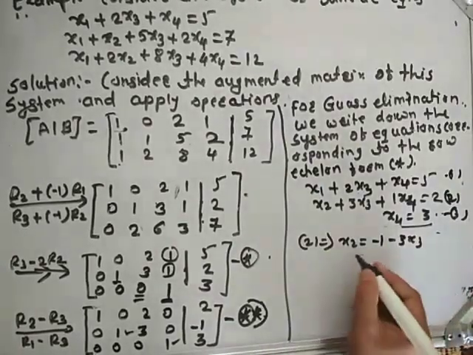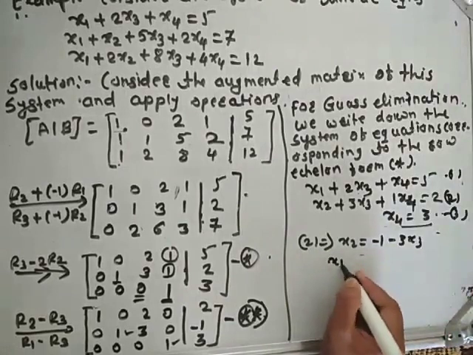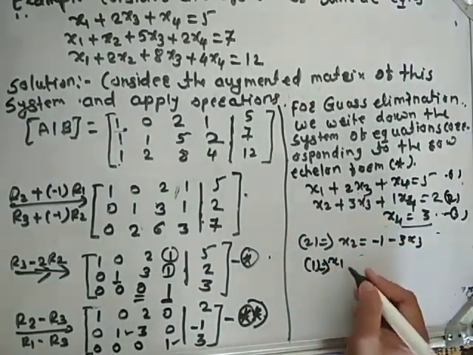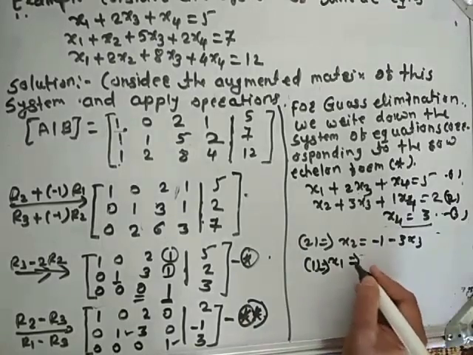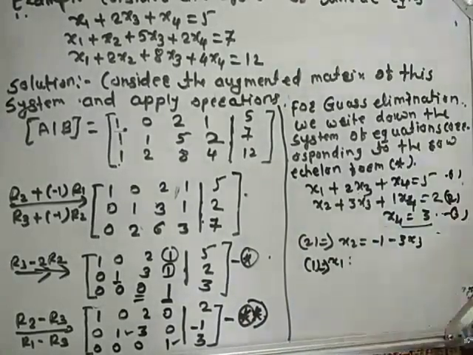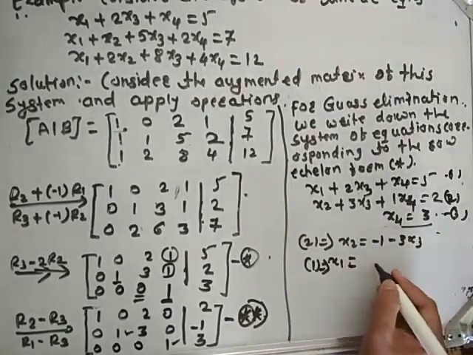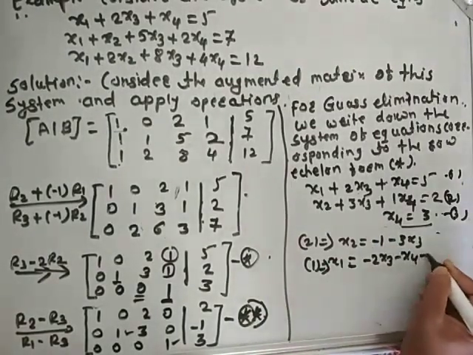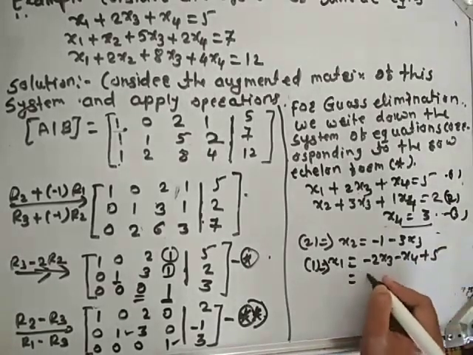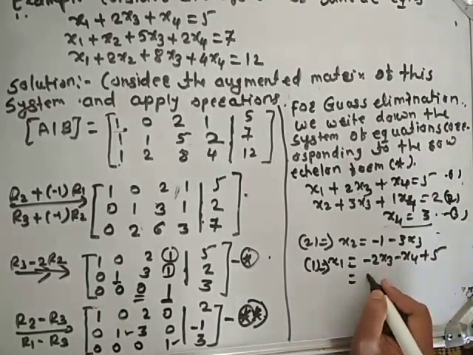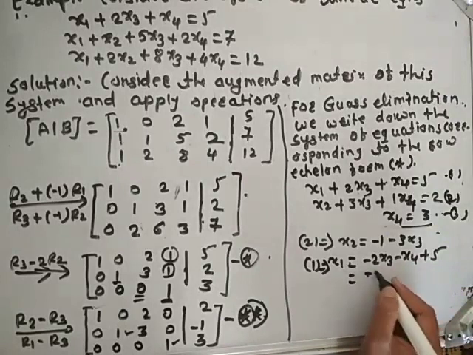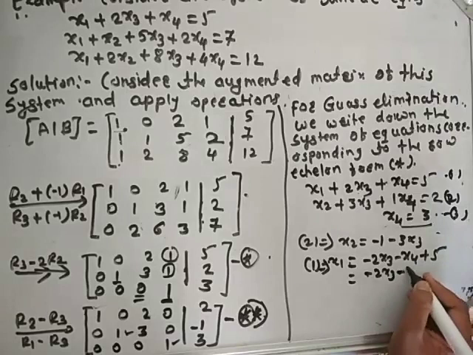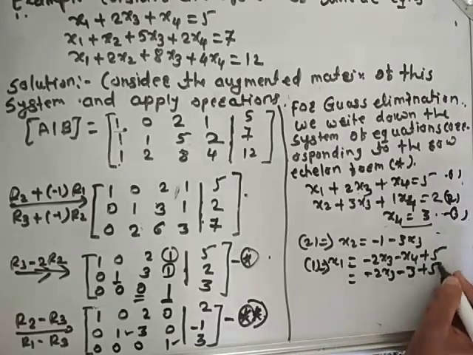Okay. Now similarly we can find x1 from equation 1. x1 is equal to minus 2x3 minus x4 plus 5, which is minus 2x3 minus 3 plus 5.